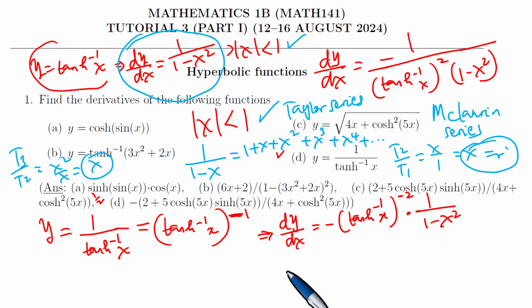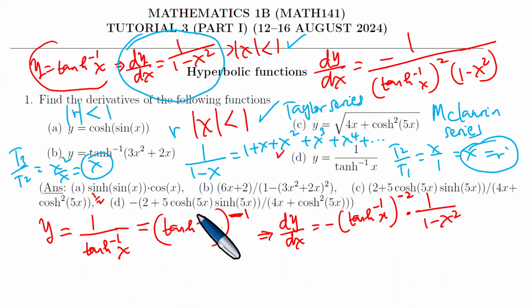This is exactly the same ratio, because T3 over T2 is x, T2 over T1 is x, and therefore we have a common ratio. The common ratio r must always have its modulus less than 1 for convergence of the geometric series. Otherwise, it doesn't converge. Okay, but obviously the notion of convergence is when we discuss series themselves.